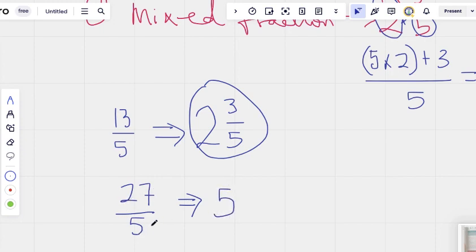What remains? 27 minus 25 is 2. So you have 5 whole number and 2 over the denominator, 2/5. This is how to convert an improper fraction to a mixed number.